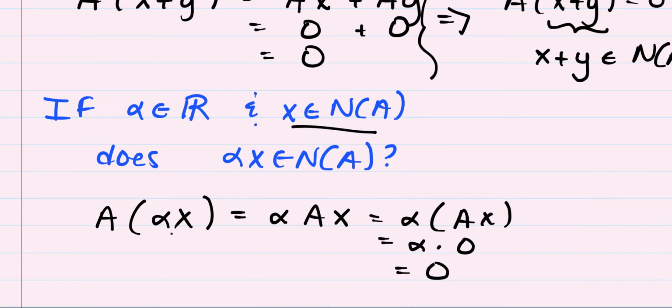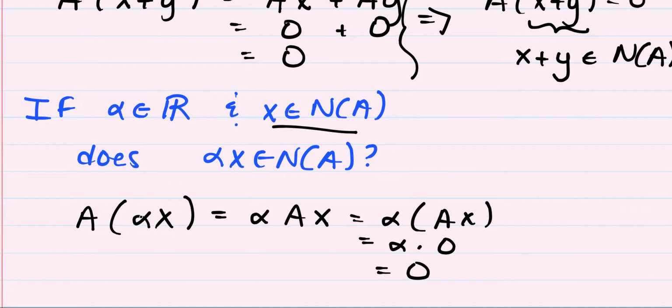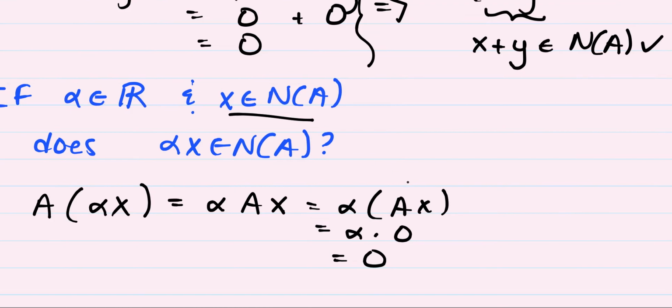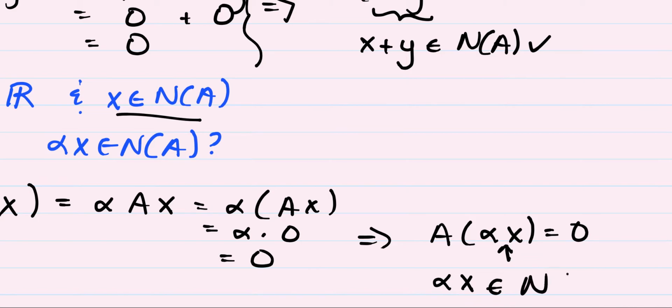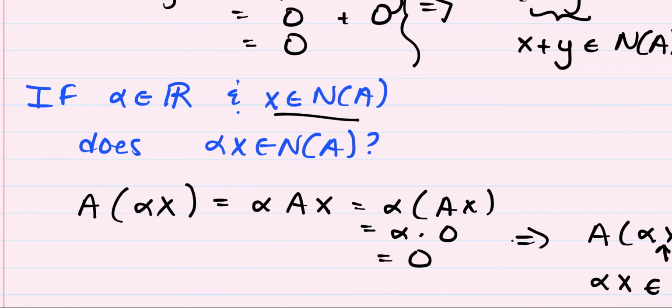So you can see that when we apply A to alpha times x, we get 0. So this is a solution to A times a column vector is equal to 0. So we see that alpha times x belongs to the null space. And so the null space is a subspace of Rn.